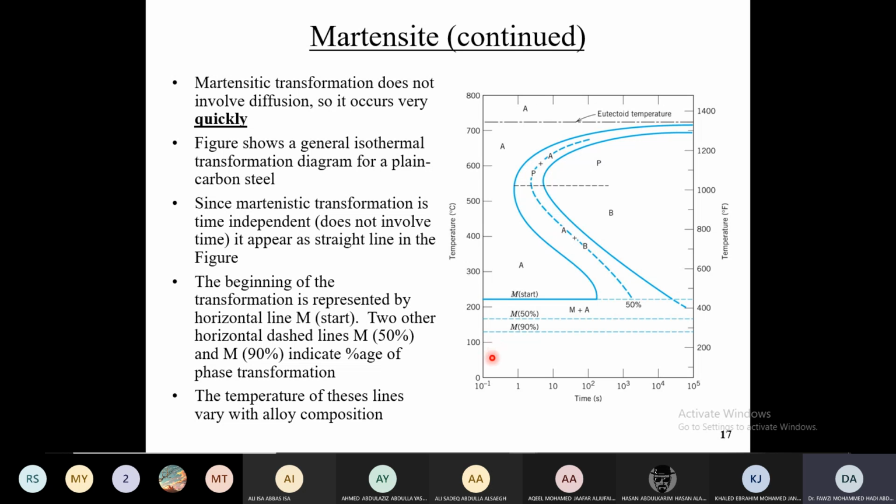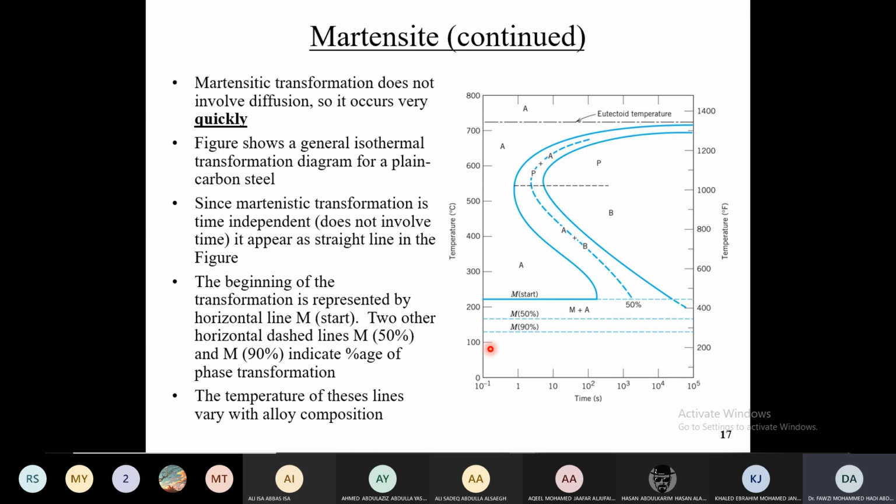The change in the crystal structure from FCC to BCC, but the solubility of the BCC crystal structure, the alpha ferrite phase, to the carbon is very low, as we saw in the phase diagram. It is 0.022 compared to the austenite. The austenite is very dense in carbon, and that's why when you cool down very fast, the carbon atoms, instead of, if we are cooling it slowly, it will escape.